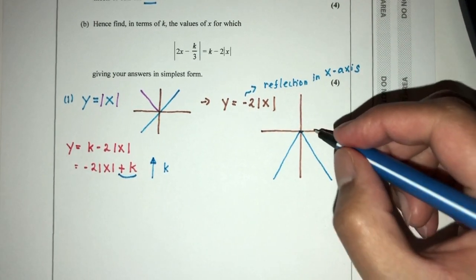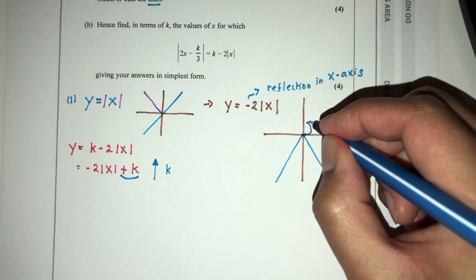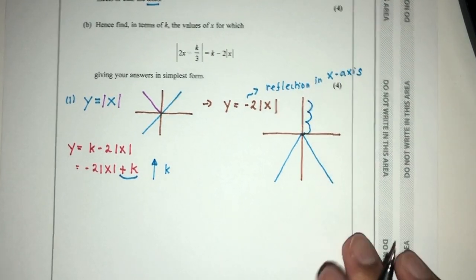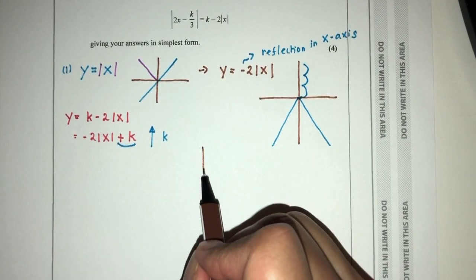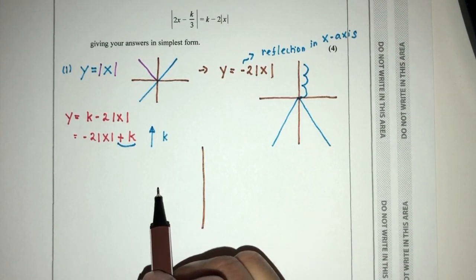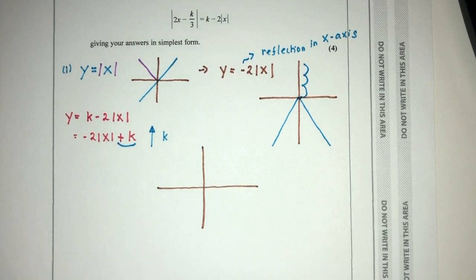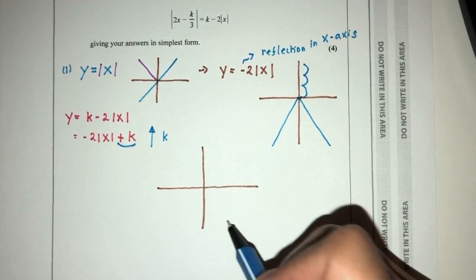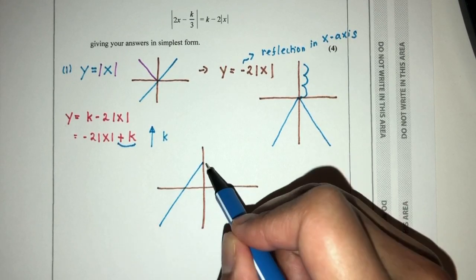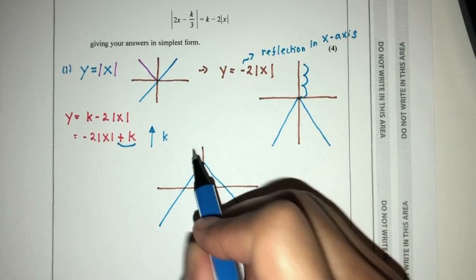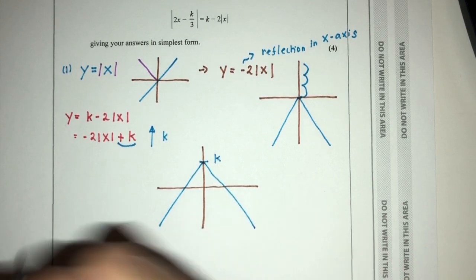So we have to move this up by k. That makes sense, right? So your graph will finally be in this shape. It was this, now you will go up, let's say it's somewhere over here. It'll be this and this. This will be my value of k.